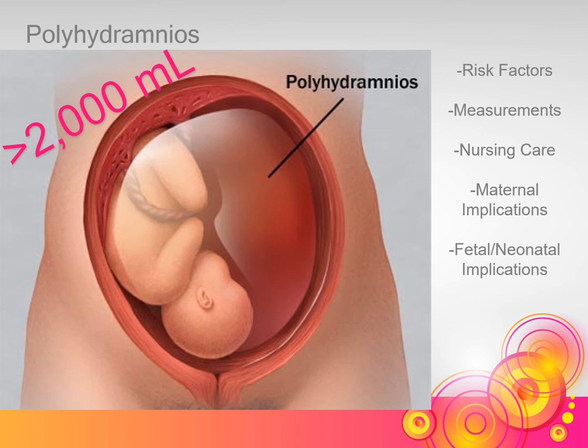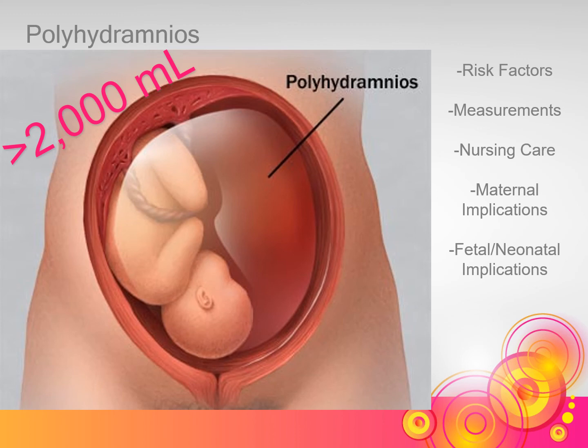For measurements, if we've done our amniotic fluid index, it would be greater than 25 centimeters. If we measure a single pocket, it would be greater than 8 centimeters. Okay. We'll also notice that the fundal height will increase out of proportion to gestational age, so it will be bigger than expected.